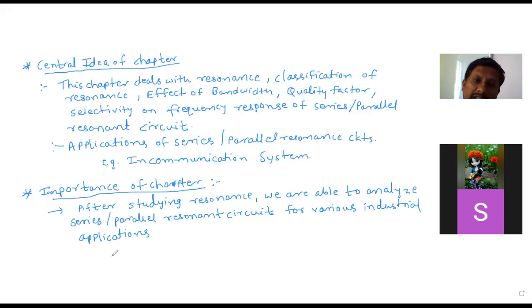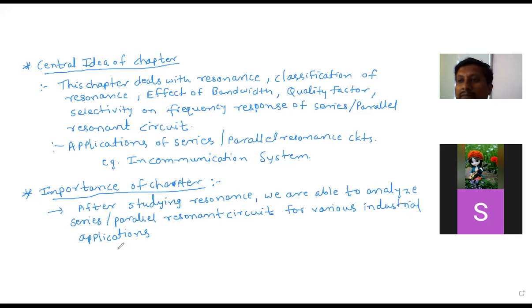Are you getting my point? So we can design the series resonance circuit and parallel resonance circuit based on different parameters like bandwidth, selectivity, quality factor, and the number of channels we have to keep. So everything matters, and for that purpose we are going to use only one common word, that is analyze.